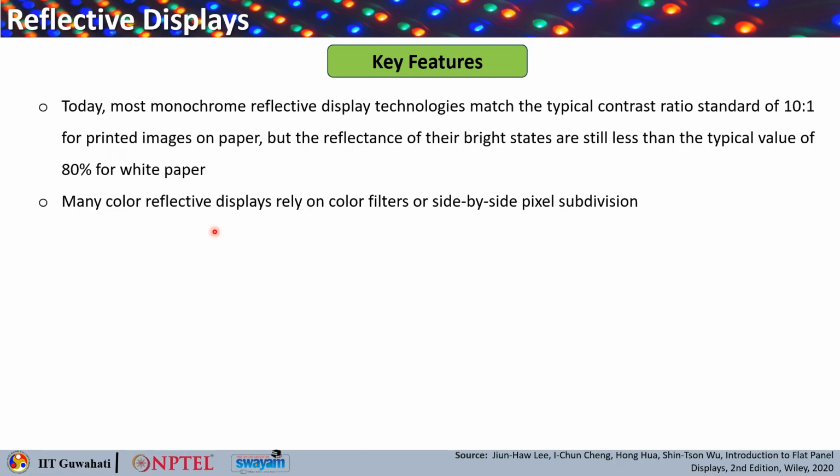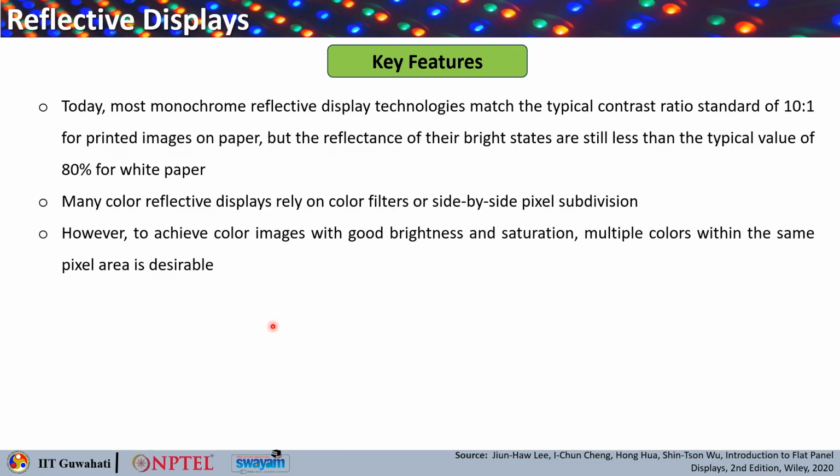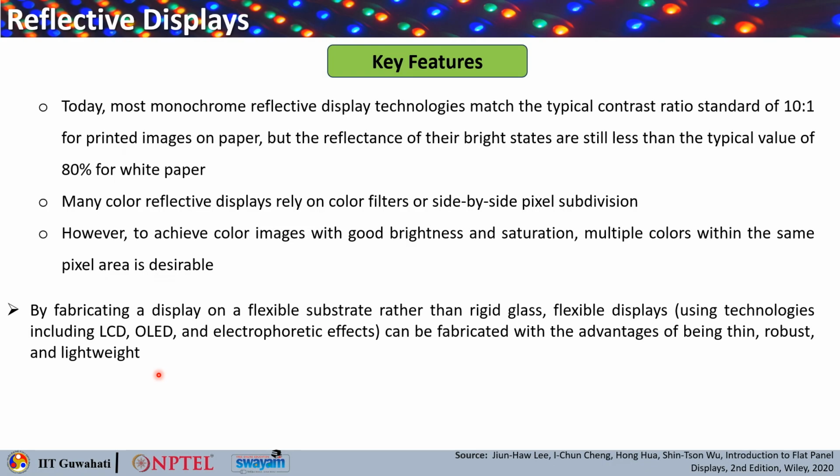Now, many color reflective displays rely on color filters, or you can use side by side pixel subdivision. However, to achieve color images with good brightness and saturation, multiple colors within the same pixel area is desirable. By fabricating a display on a flexible substrate rather than using rigid glass, you can actually go for flexible displays.